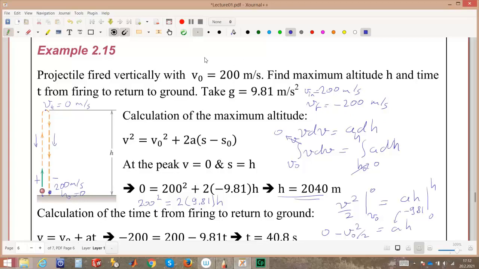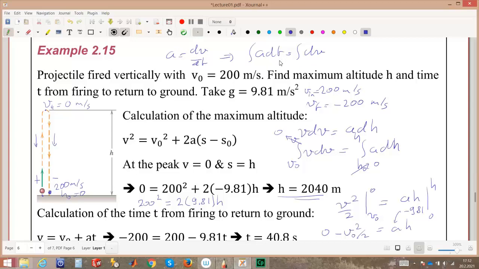Now, based on that, we can use our first equation, as we have this acceleration as a constant, right? And acceleration is equal to dv over dt. And from here, we can write a dt equals dv and take the integral of both sides.